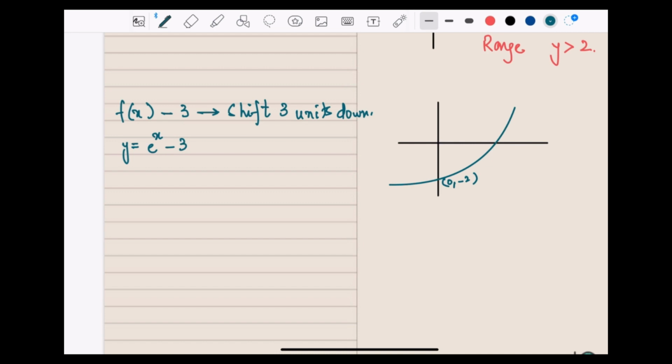The asymptote which was at 0 is now at negative 3 after going 3 units down. The domain is x belongs to real numbers. The range is y greater than negative 3.